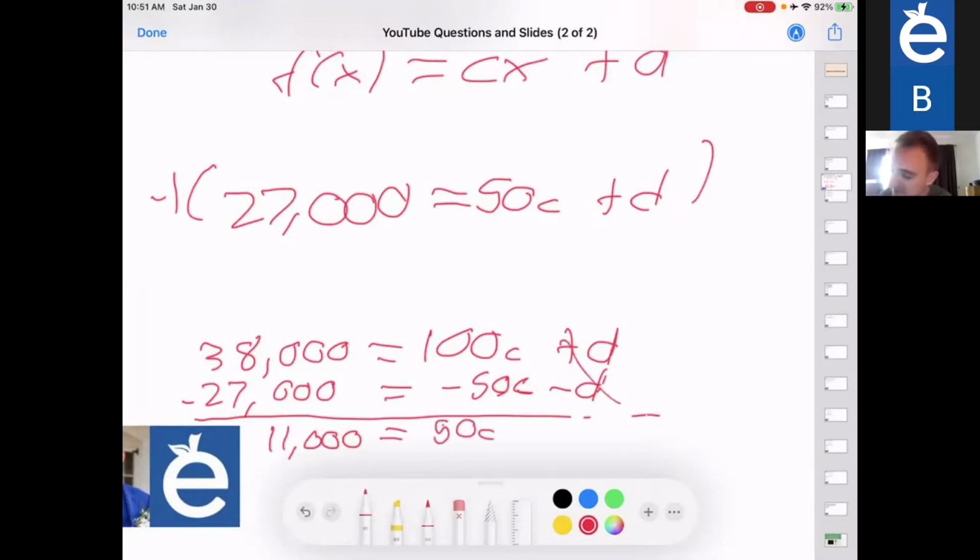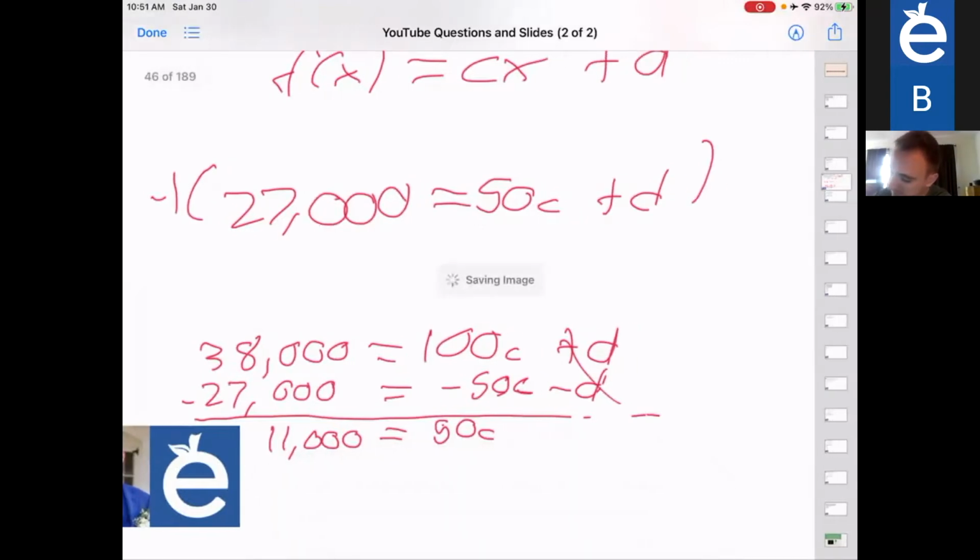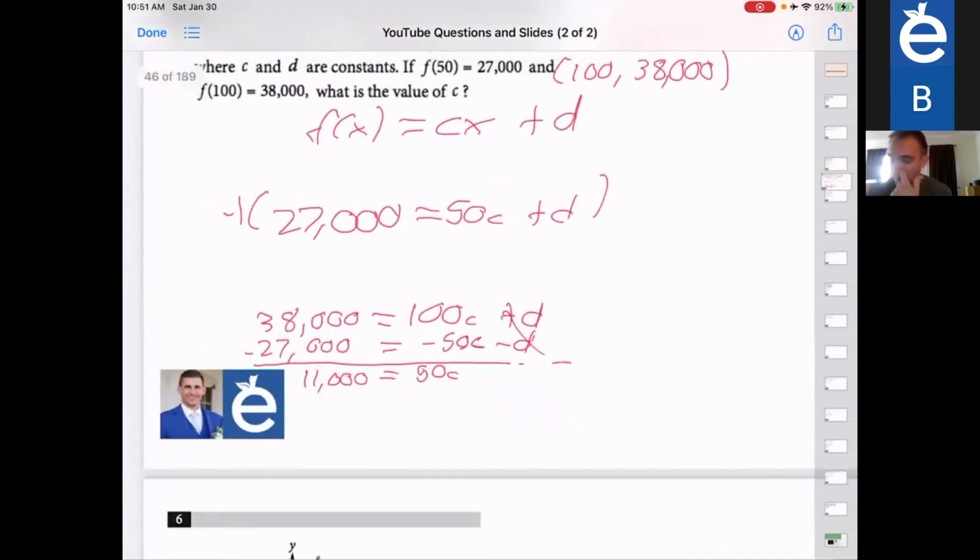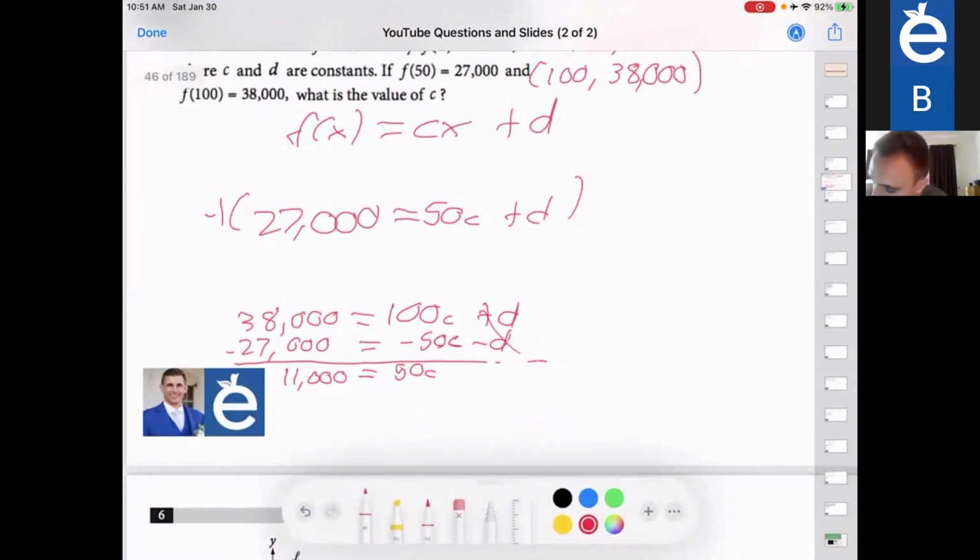And my d terms cancel out. So now I can just solve for c, divide by 50, divide by 50. One of those zeros cancels out, so it's 1100 divided by 5.